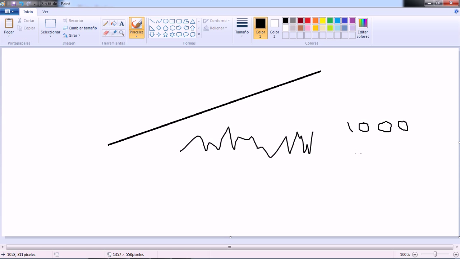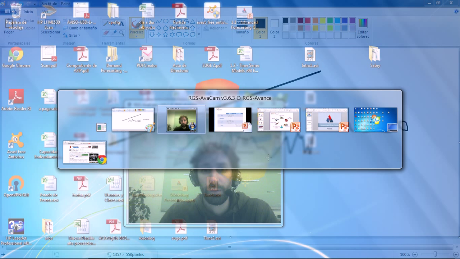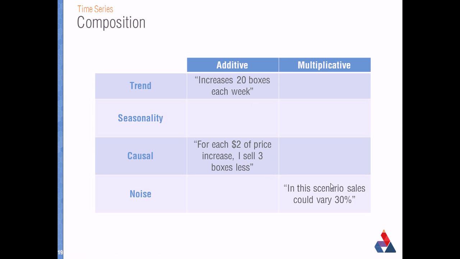What would be a multiplicative trend? And think about it a little bit. Meanwhile, we're going to talk about that for every $2 that we increase price, you sell 3 fewer boxes, right? This is a typical case of additive behavior.